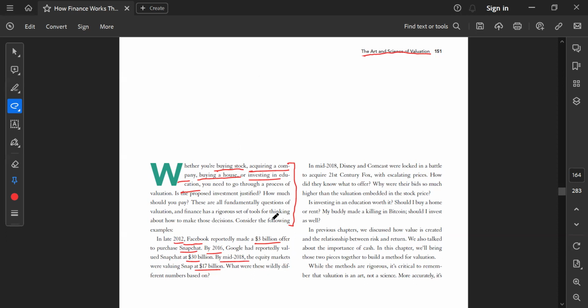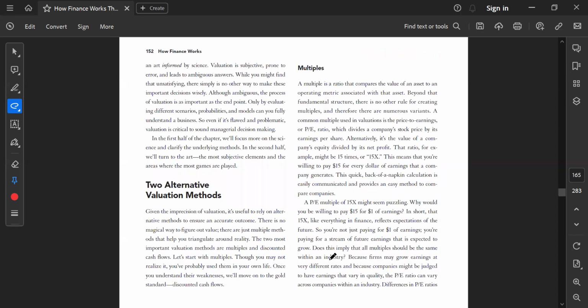Now, what made these differences, right? Here are a few more examples. All these instances come to a common conclusion that we need a method for deriving values of a particular business. And that is necessary.